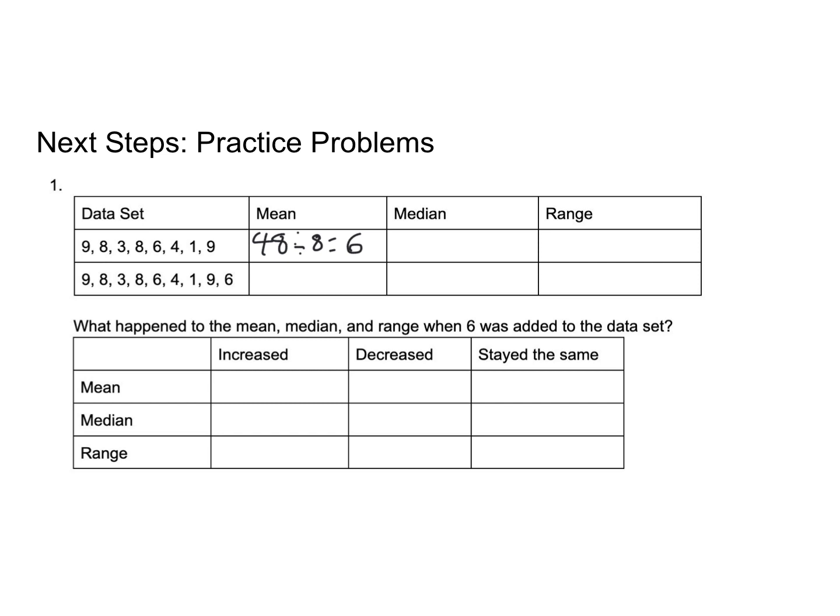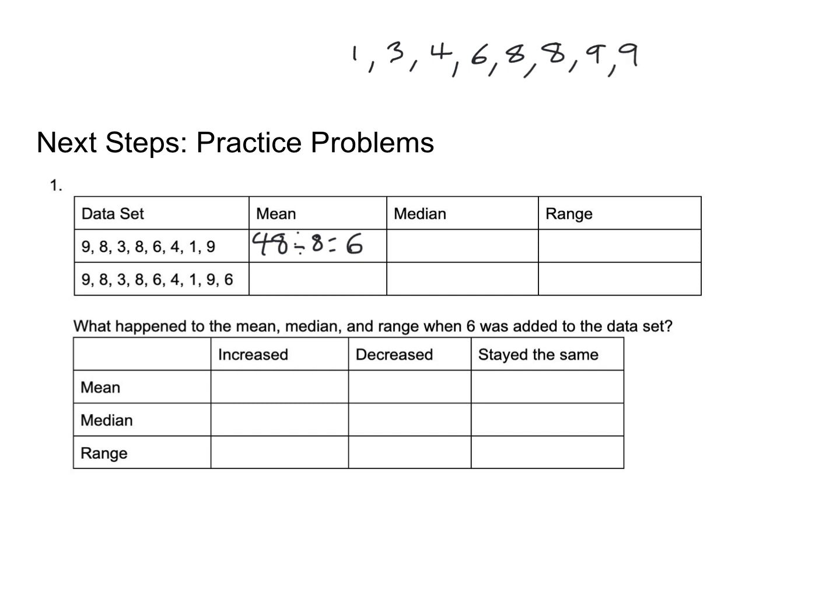Then you need to find the median. And to find the median, you need to put the numbers in order from least to greatest. I'm going to do some writing on top so that I have enough space. So first I have 1, then 3, 4, 6, and then 8, and another 8, and then 9, and another 9.